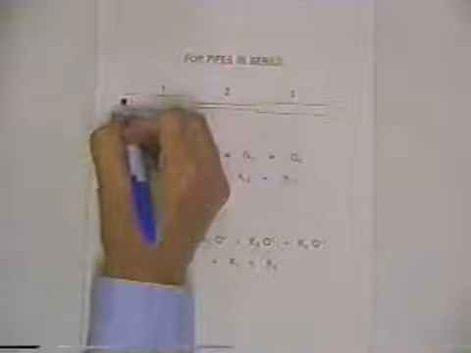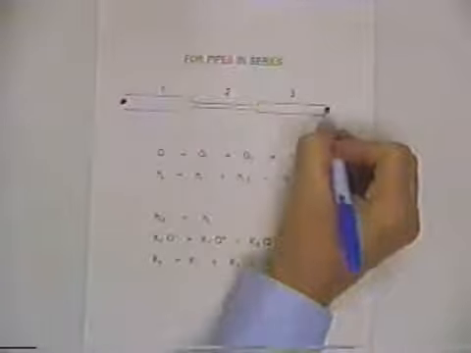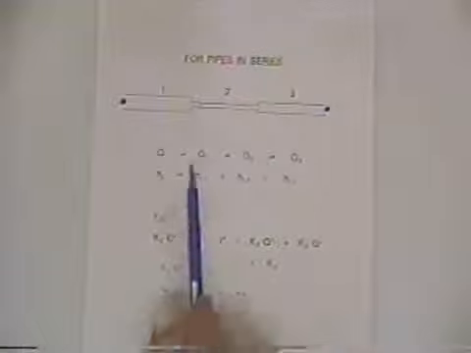So the Q's are going to be the same in all three pipes. What about head losses? The head loss is just the difference in head there and the difference in head there, so the total head loss between those two points is simply the head loss in this pipe plus the head loss in that pipe plus the head loss in that pipe. So you just sum up the head losses to get the total. The Q's are the same, and then you sum up head losses to get the total.